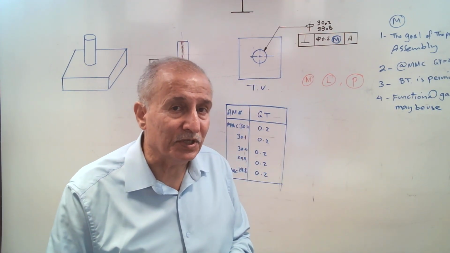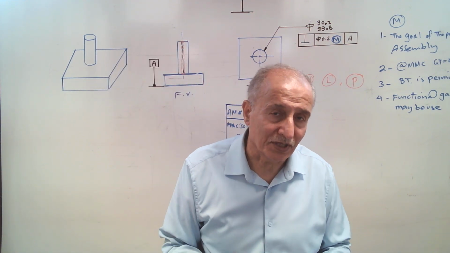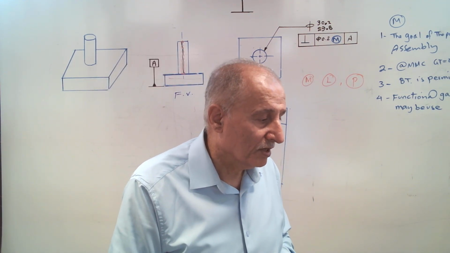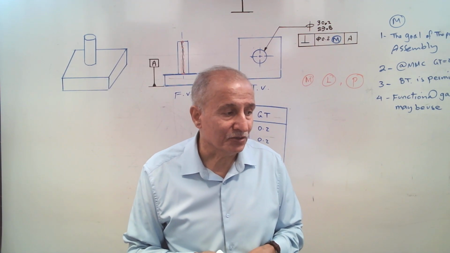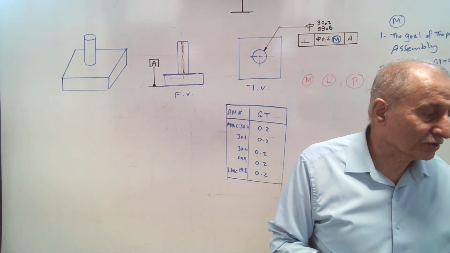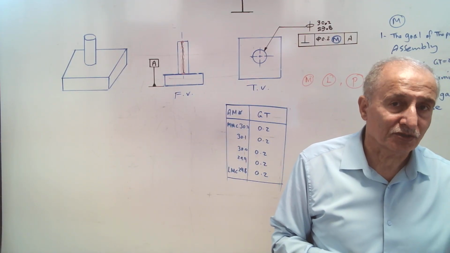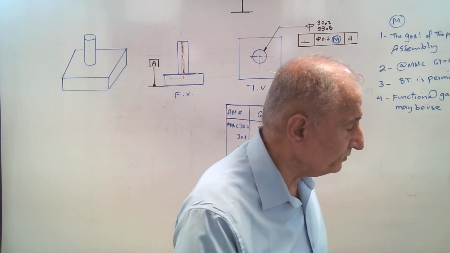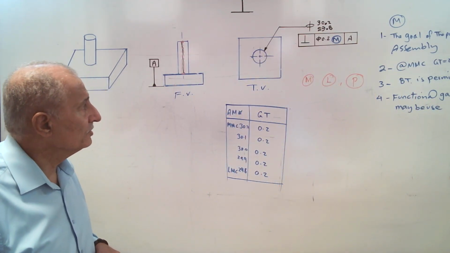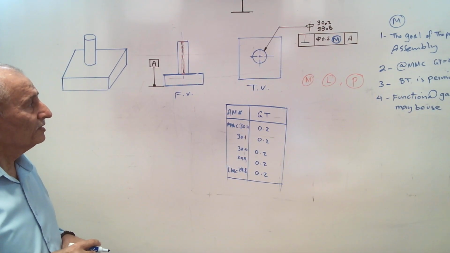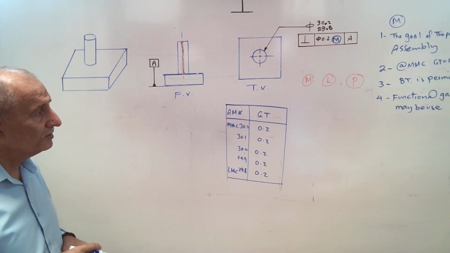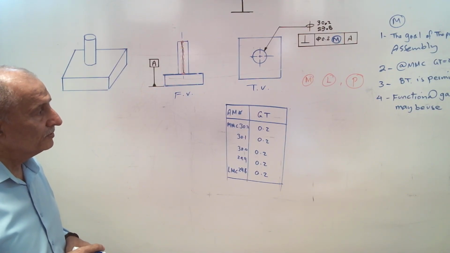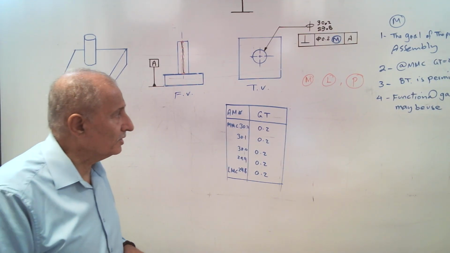Actually, for surface interpretation in this case, or outer boundary interpretation, we can use a functional gauge. And the functional gauge here is a ring gauge for the shaft. You just check that it can sit well inside the hole gauge, actually.